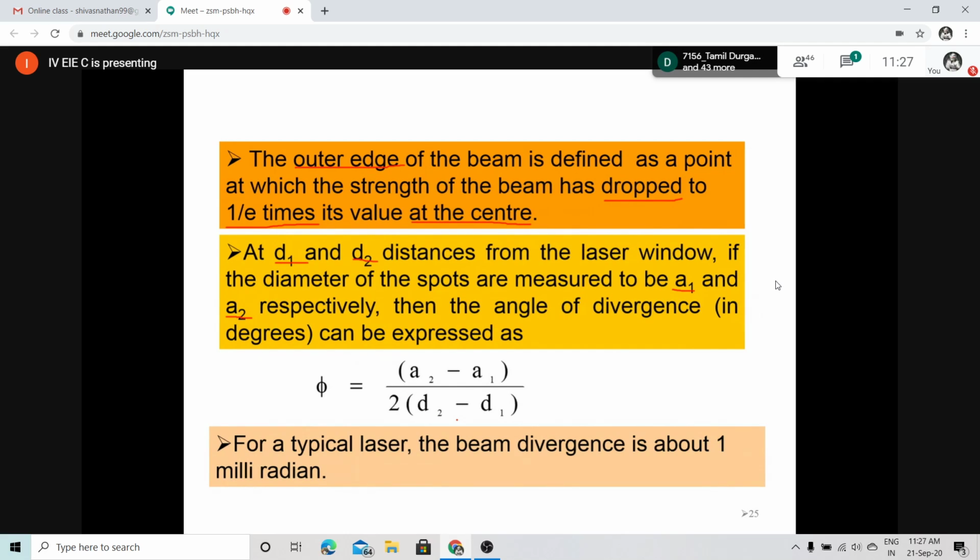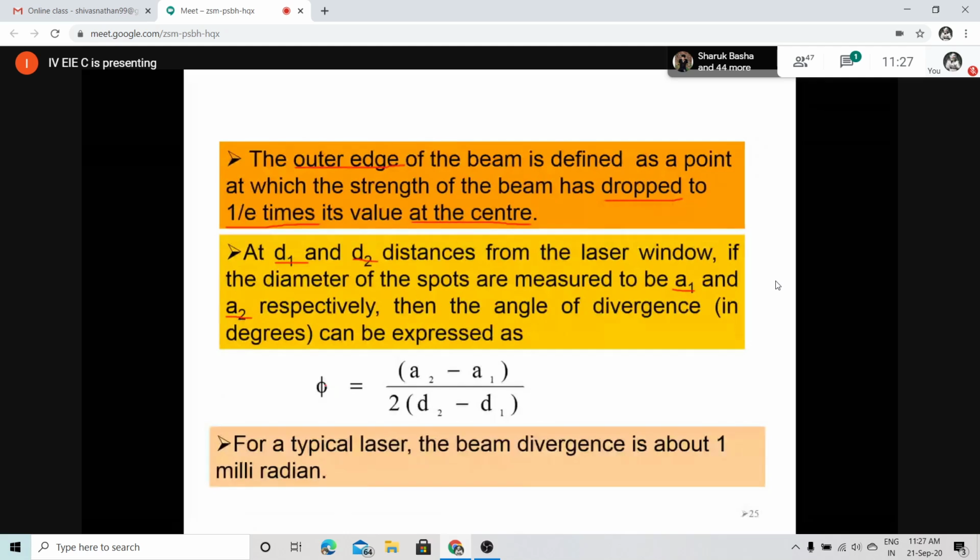Clear? So it is going to be related with the diameters, again, diameters of the spots. So I can relate my distances to the diameters.